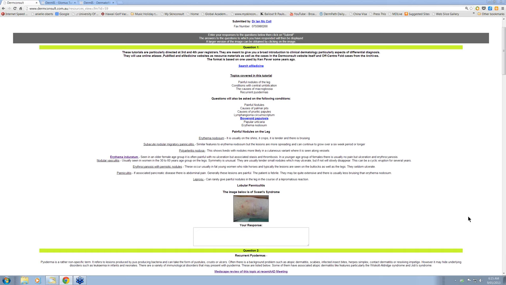This subacute migratory panniculitis, as I say, is similar to erythema nodosum, but it tends to occur in older women. And usually the lesions are unilateral, or they're asymmetrical if bilateral, whereas in erythema nodosum itself, generally you've got symmetrical bilateral lesions.